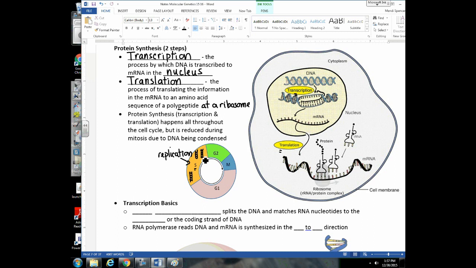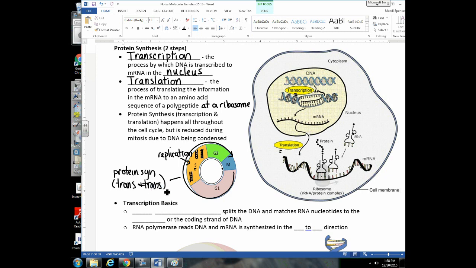Now, protein synthesis and transcription is happening all throughout a cell's life. So starting here in G1, that cell needs to make proteins, and it makes proteins by transcription and translation. So all throughout the cell's life, or throughout the cell cycle, I want to make sure you understand that protein synthesis, transcription and translation, is happening all the time.